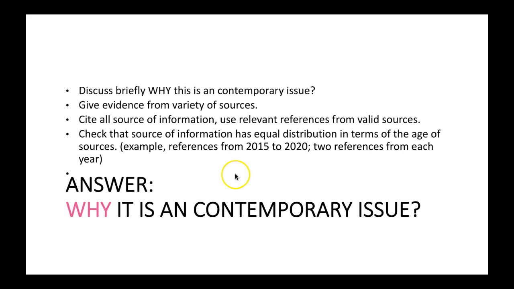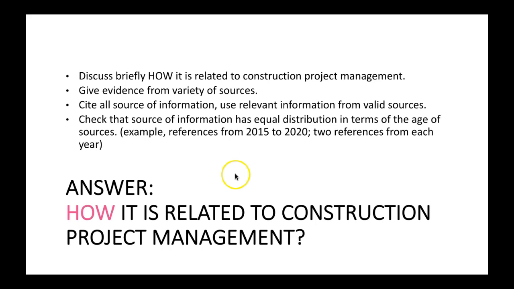Now, on the third one, how, you are going to discuss briefly how it is related to construction project management. So, as an example, you are looking at research in which the lack of communication is the issue with construction processes or construction project management.